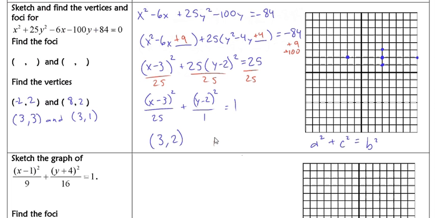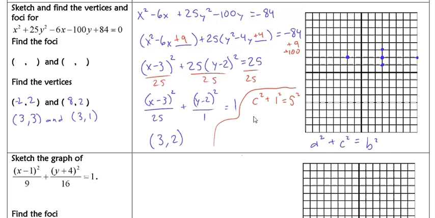So 5 squared is going to be equal to, well, the distance here on the minor axis is 1 squared, plus our distance from the center to the foci, wherever that's going to be, which is our c squared.